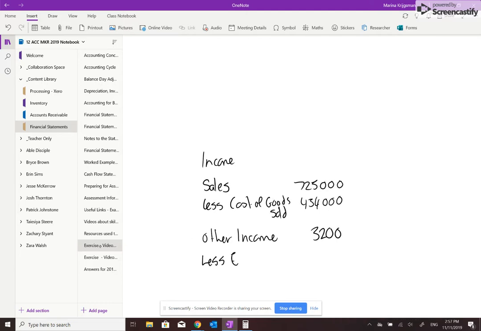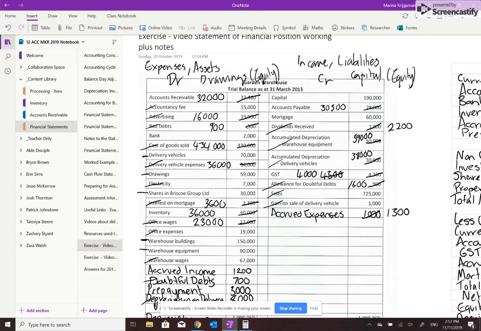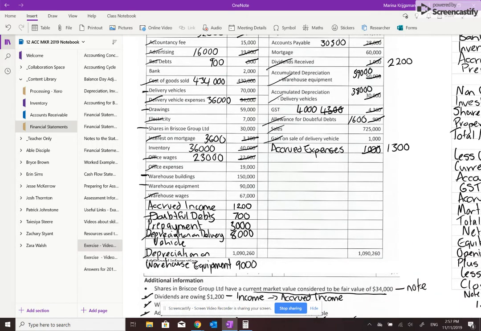And remember, our expenses in this case will be divided up into our distribution expenses, so all those expenses related to getting the business set up, selling the goods, and then we would have our administrative. Okay, and then we would have our finance costs. Okay, so I'm not sure how well this is going to work out because I'm just doing rough numbers.